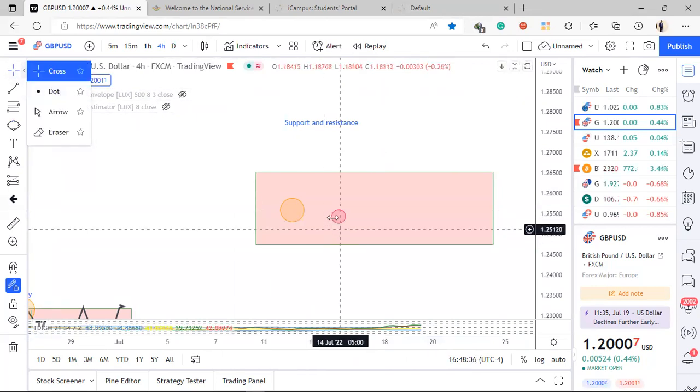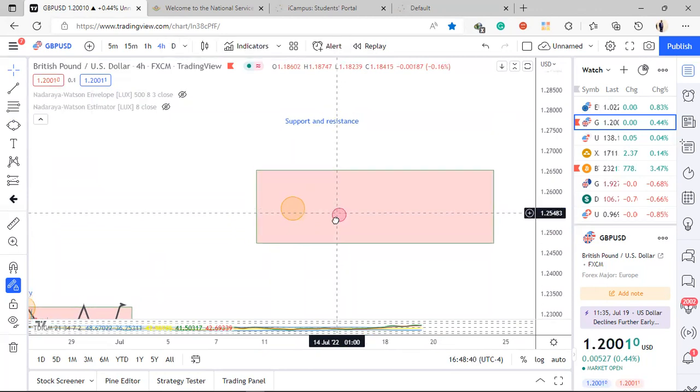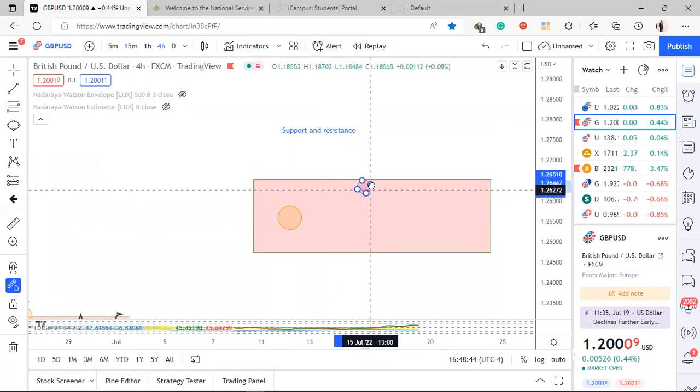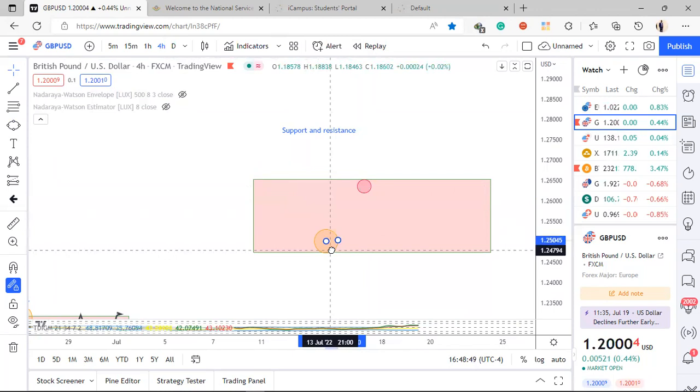So you have one baseball at the top here. You have one baseball at the down here.